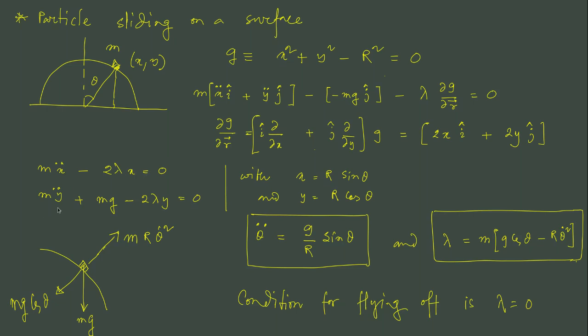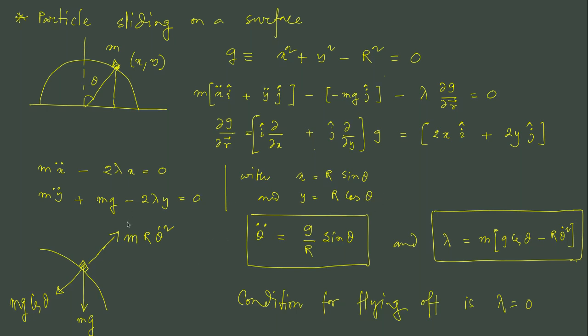That condition gives us two equations: m x double dot minus twice lambda x is 0. The other one is similar, except we have the gravity too. Now it becomes easier if we choose a different variable to simplify this. One can in principle solve it using x and y, but it would be cumbersome.